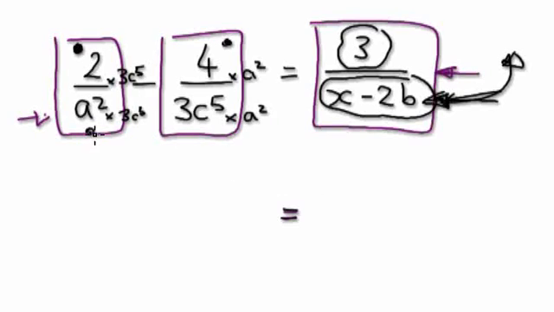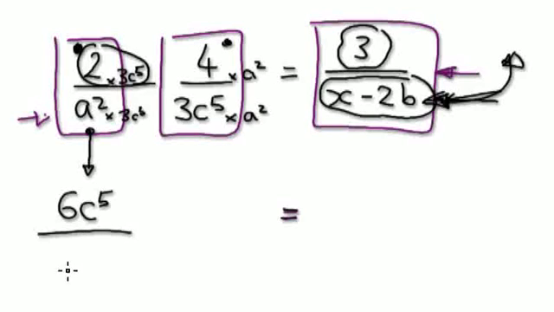So this fraction here becomes the 2. These are going to multiply together. So 2 times 3 will be 6, and then you've got c to the power of 5, and that over now a squared times 3c to the power of 5. So number first, and then try and keep it alphabetical.